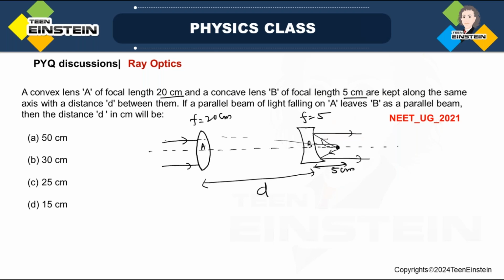Now see, one ray, parallel rays coming like this. See, if I say the 20. See now these are A. So this is lens A. This is lens B.